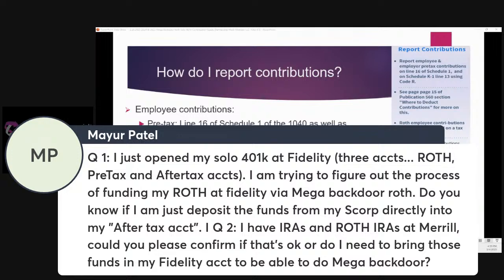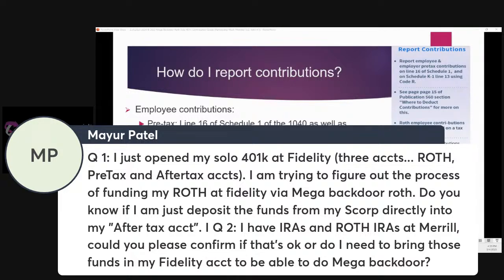Like with an IRA, you got to clear out your IRA funds, right? Any pre-tax funds, for example, in your IRA before you make that backdoor Roth IRA contribution because of the way that those pro rata rules apply. But with the solo 401k, those pro rata rules apply at the account level. So you don't have to worry about that.